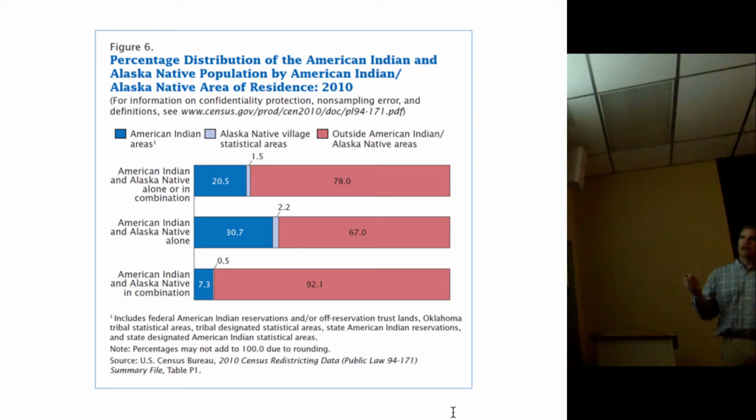The blue areas are those areas that have some kind of tribal jurisdiction. You can see that when you're looking at American Indians and Alaska Native alone or in combination, or just American Indian, Alaska Native alone, 20 to 30% of those people live on reservations. But again, that's very much the minority.